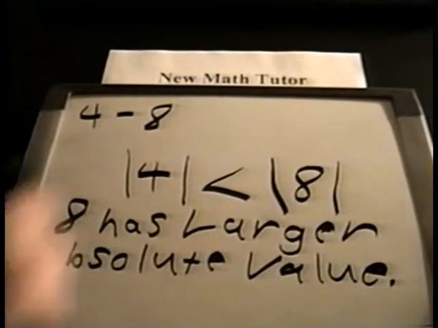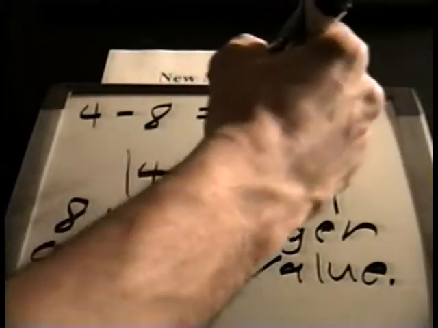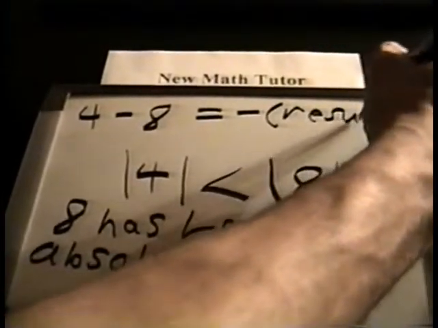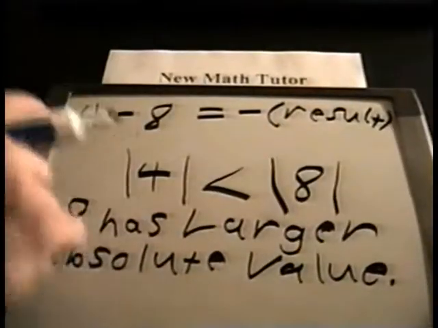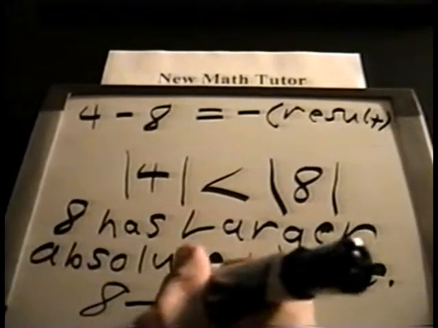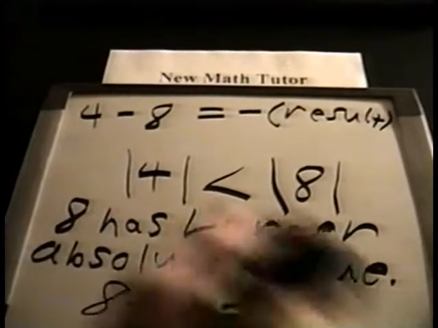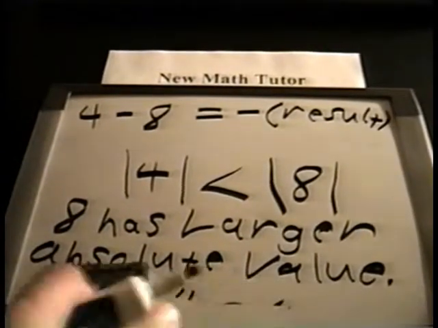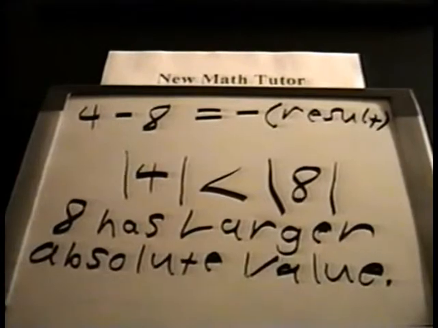So here 8 has the larger absolute value. Therefore, we attach a negative sign to the result.